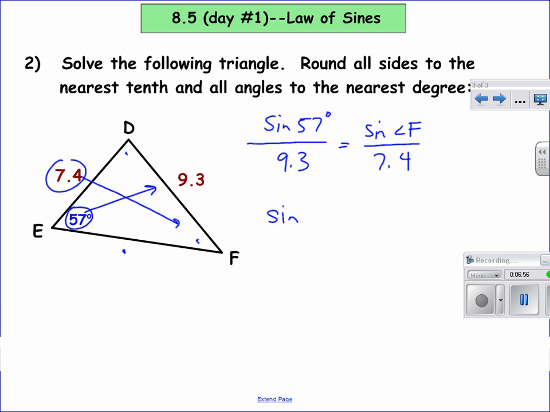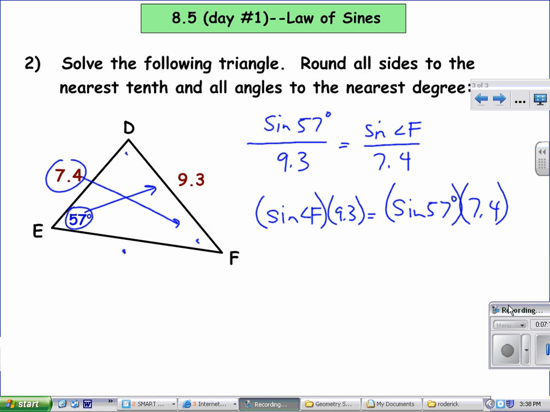So sine of angle F times 9.3 equals these two. Cross multiply. Sine of 57 times 7.4. Okay? Bada bing.